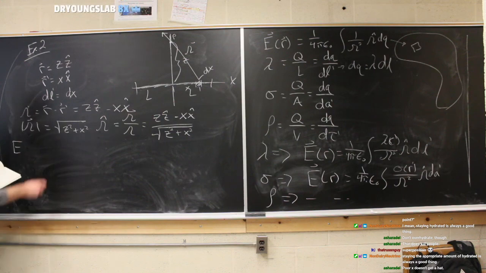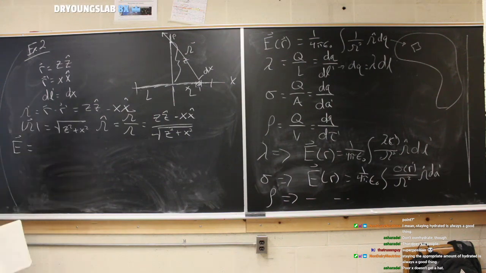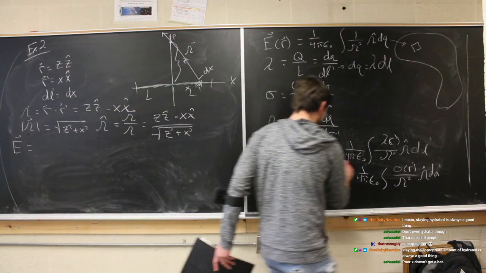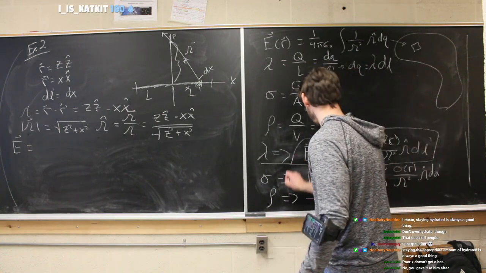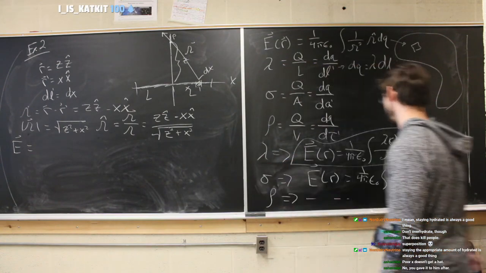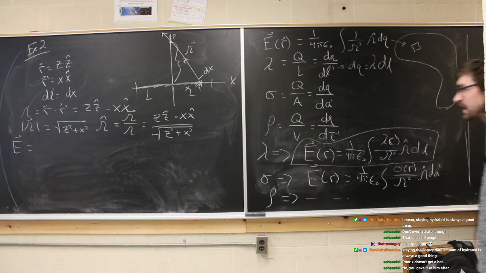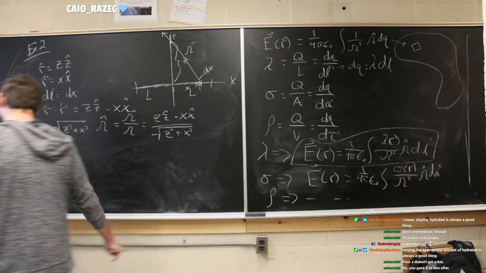Now, can we write the E field? Our structure for the E field exists right here. So let's write that down and then do our appropriate plugging in.